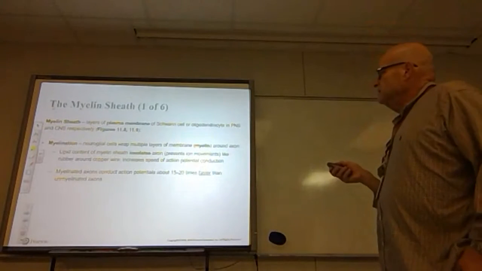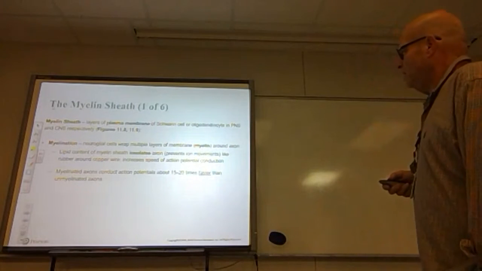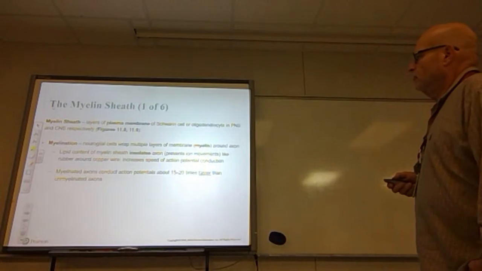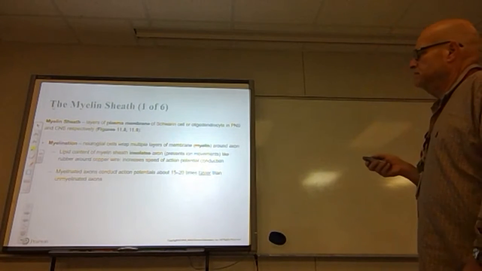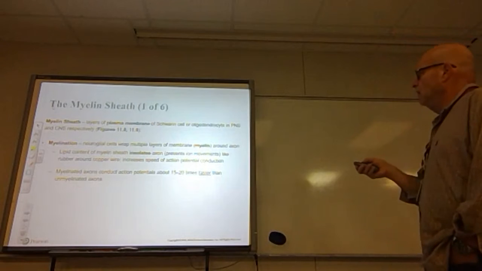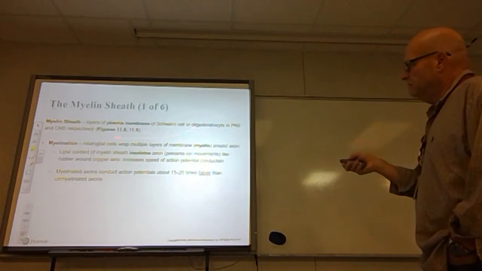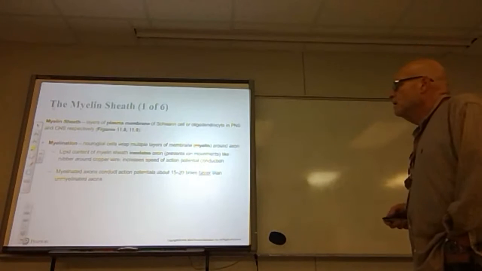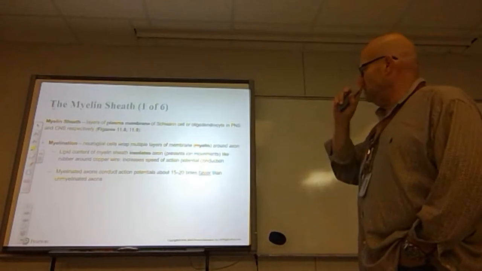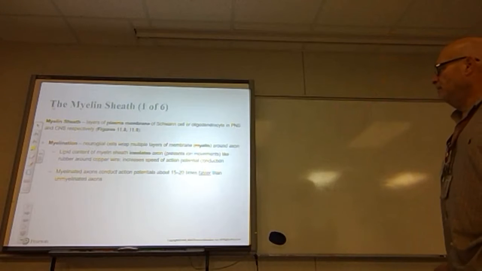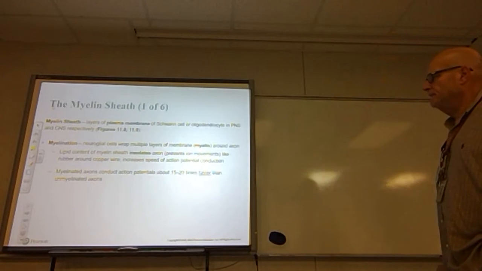The myelin sheath is layers of a plasma membrane of Schwann cells or oligodendrocytes in the peripheral nervous system and central nervous system respectively. So Schwann cells, in the peripheral nervous system, oligodendrocytes, central nervous system. Myelination is where neuroglial cells wrap multiple layers of a membrane called myelin around the axon.